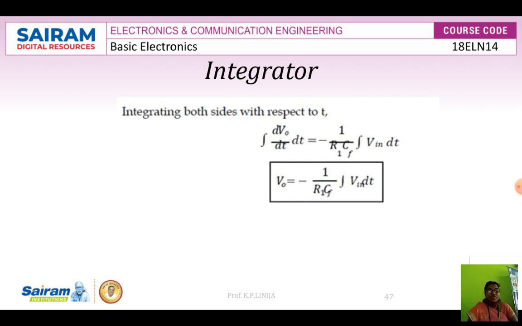What we have defined can be compared with this expression: output V0 is equal to minus 1 divided by R1 CF, where R1 is the resistor connected to the inverting terminal, and CF is the feedback capacitor connected in the feedback network from node A to the output.